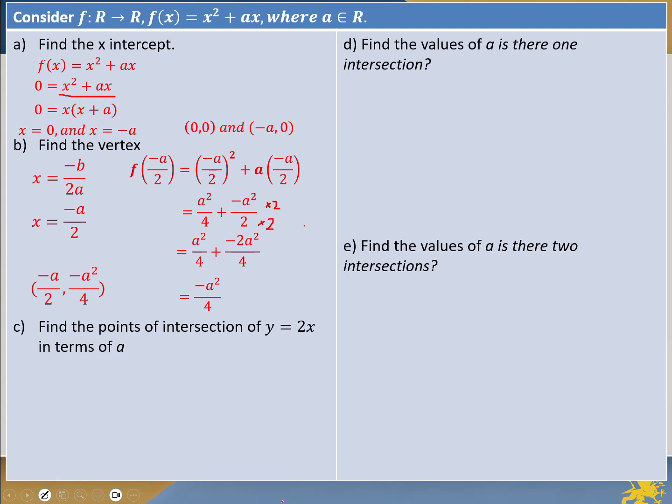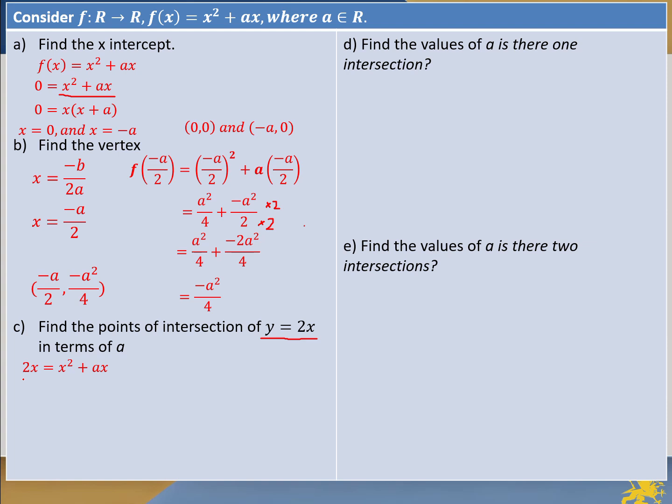Then it says find the points of intersection with y equals 2x in terms of a. That means, because we have our equation as y equals and we have this equation as y equals, we can use substitution. So we substitute 2x in as y, and now we just need to solve it.